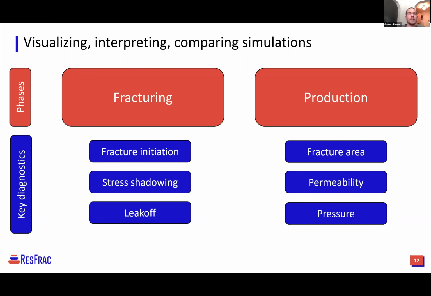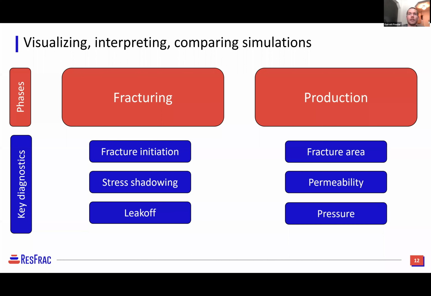So during fracturing, I look at fracture initiation, perforation efficiency, which is often a function of stress shadowing. I also look at leakoff. Are fractures fully closed? If I'm looking at two different scenarios and there's a difference, that could be one difference.